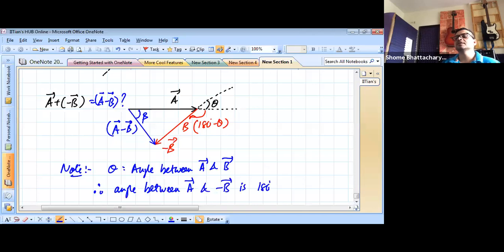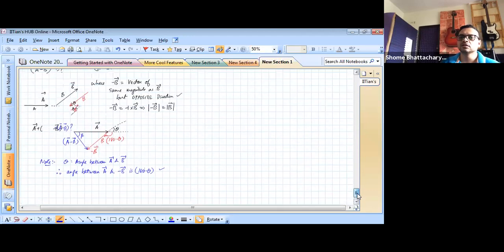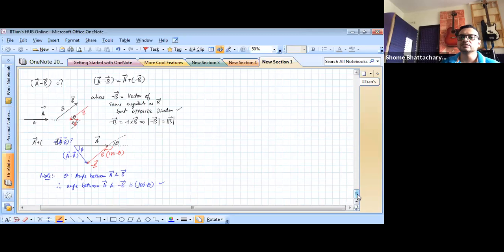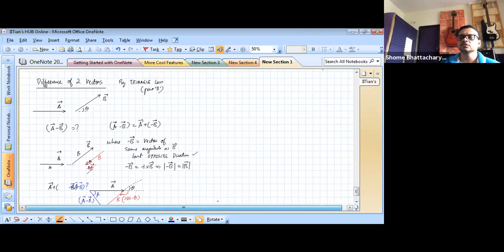It is 180 minus theta. Okay. So that's why this angle is 180 minus theta. Okay, so just make a note up to here, and next we will see how to apply the steps of the same triangle law we've seen earlier to come up with a formula for the difference of A and B. Okay, so just make a note of this part first.